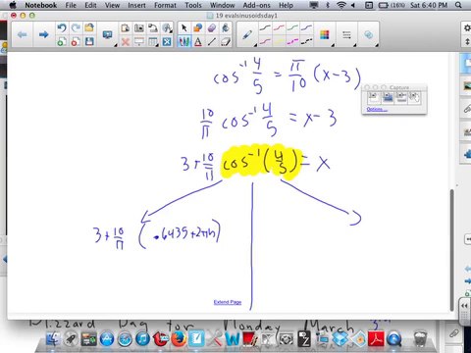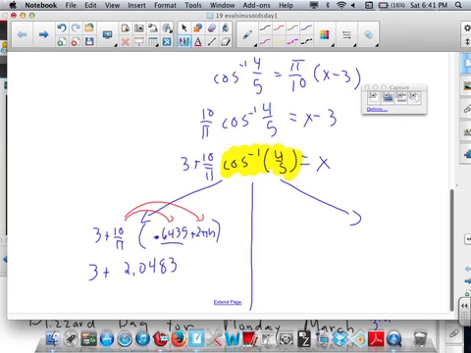Now, let's go ahead and work out the complete formula for this. We're going to do distributive property here, guys. We're going to take that 10 over pi and multiply that by both things in the parentheses. Now, 10 over pi times this winds up being 2.0483.